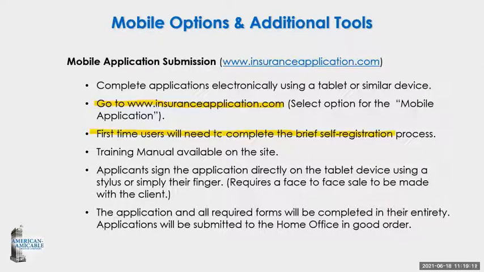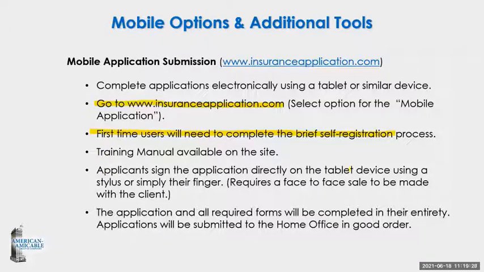So I would suggest that you do that when we're done here, or once your contract is up and approved, in case it isn't right now, then go ahead and log on and register. It's nice, they have a training manual right there on the site. We also have it on our website.